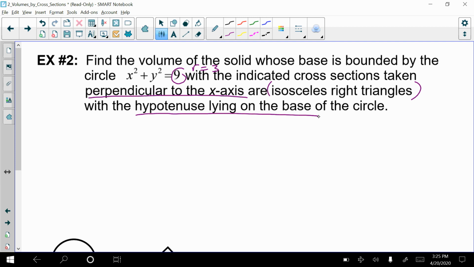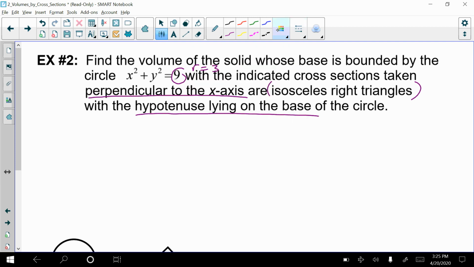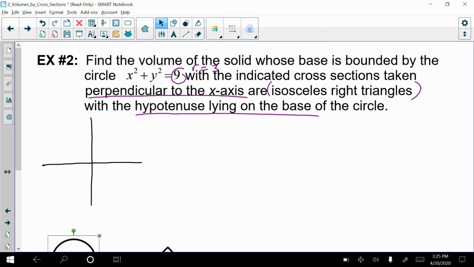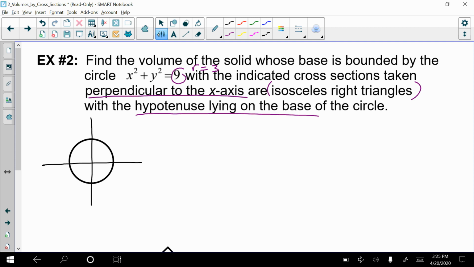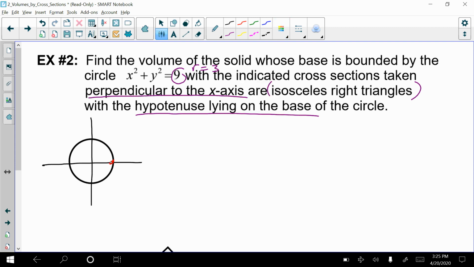So again, I'm going to take a picture here of what the graph would look like. So we have a circle here. We'll just say that this has a radius of 3. So at this point here, this would be (3, 0).